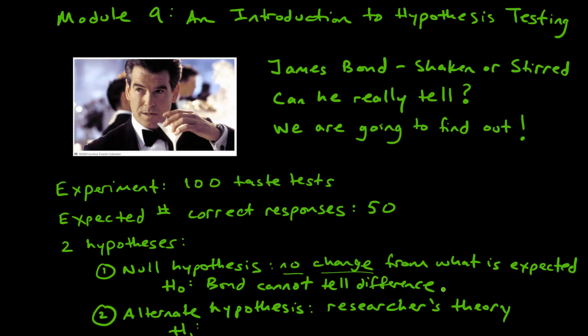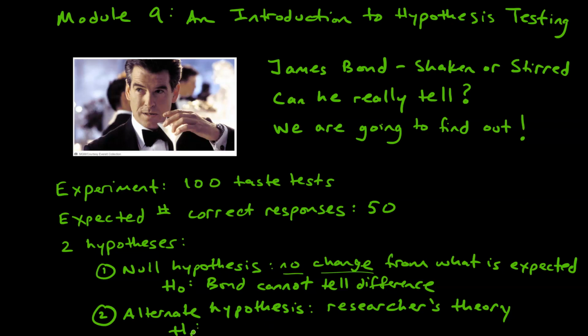But then the alternate hypothesis is really our research theory in this problem. We're going into this thinking, it seems like Bond, based on all these movies and everything, would have this ability. And so this is what we're trying to ultimately accept.